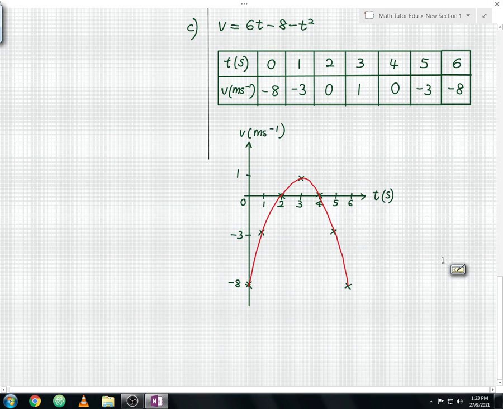Okay, so this is how your sketch of the velocity versus time graph should look.